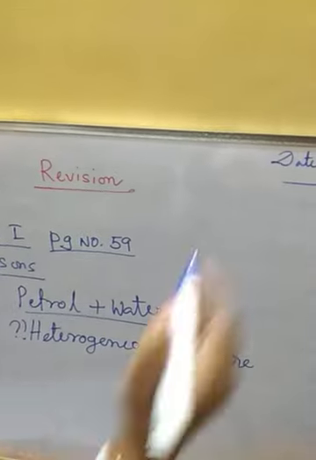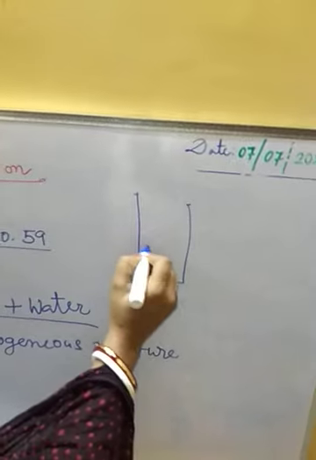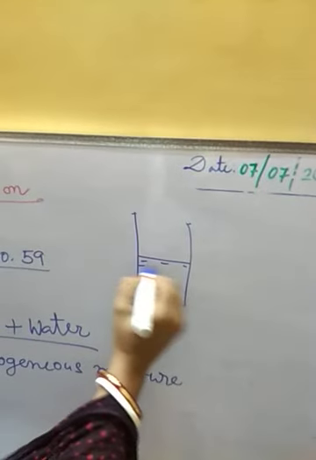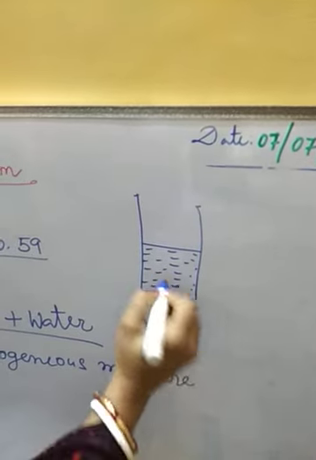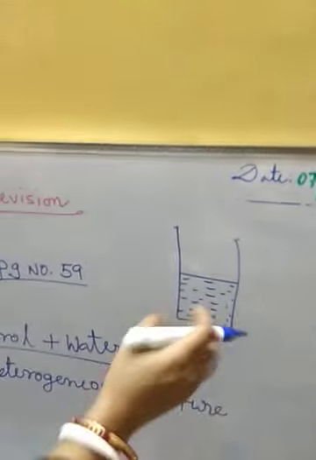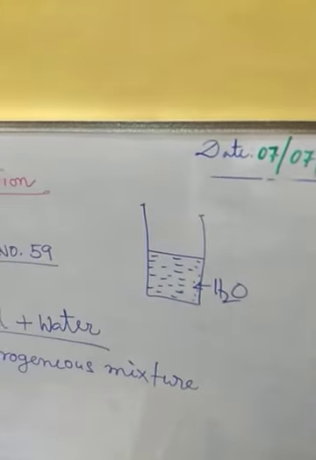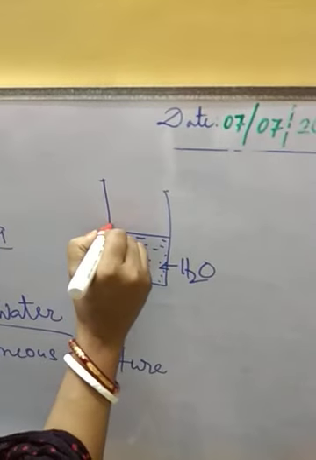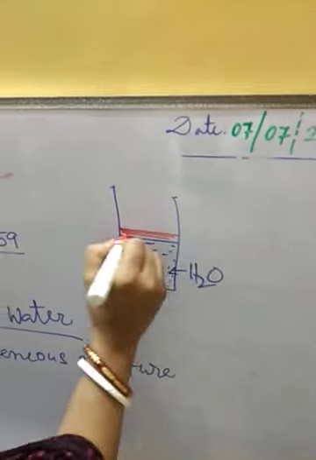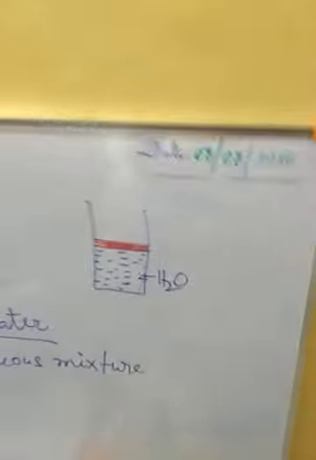This is the question. Suppose this is water in a glass or in a container, whatever we have taken. If we add petrol in it, we can see it will form a separate layer on the water.